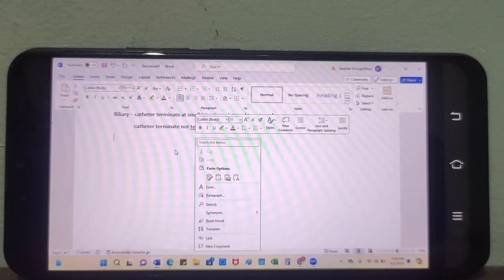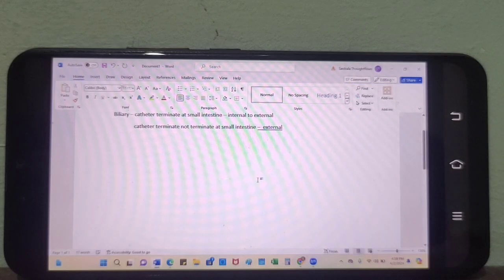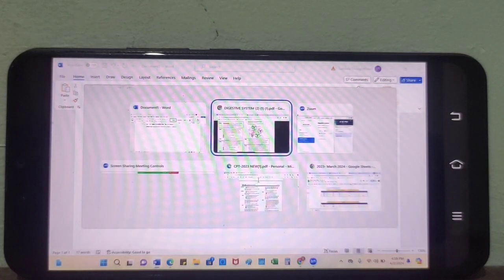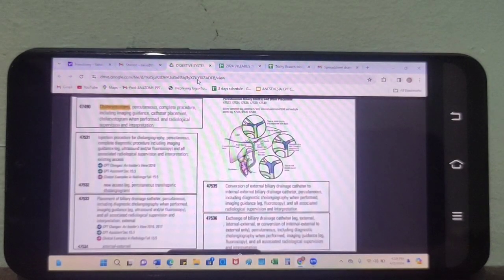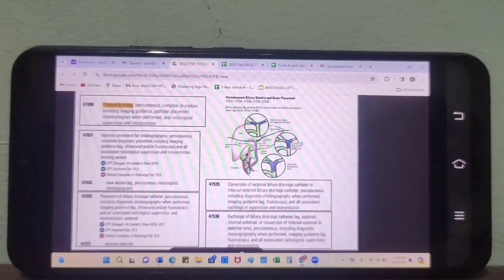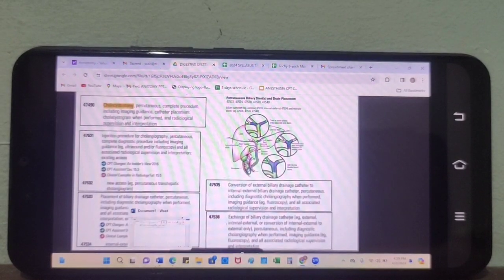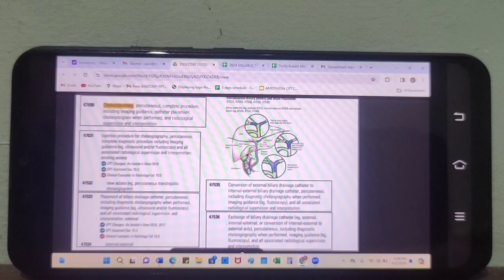That's it. Did you understand? Clear? Guys, am I audible? You have to check the termination point of the biliary catheter.